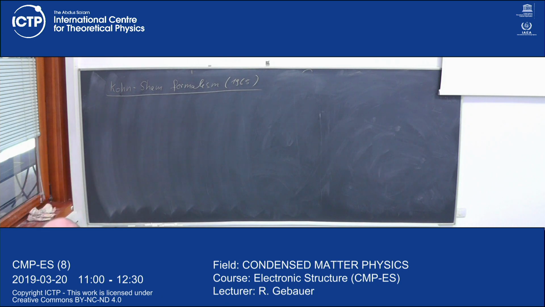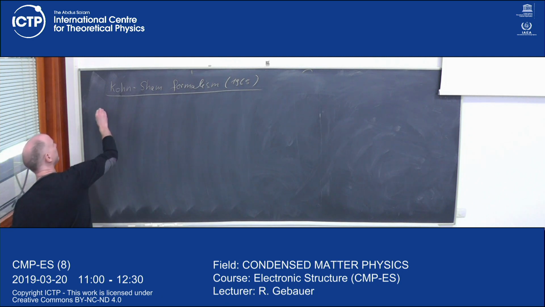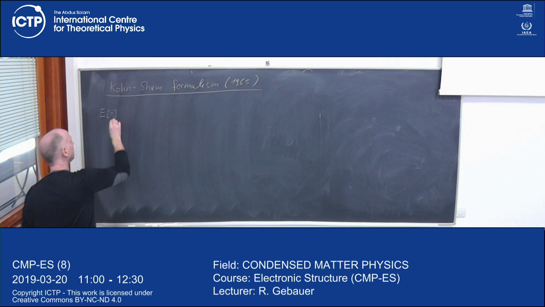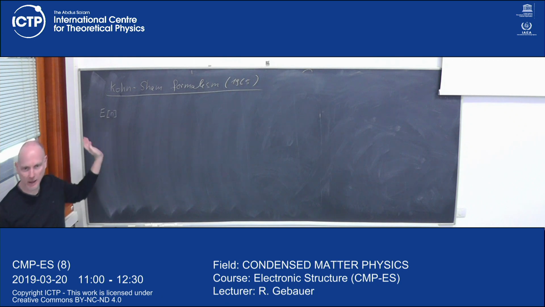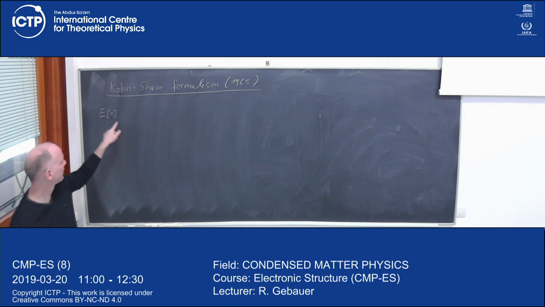Since we know that the density can be taken as our key quantity, we know that something like this exists. So we know that there is a functional of n. This is not something where you have just a number, but you put in a whole function, in our case the function n of r, with all the shape it has over space.